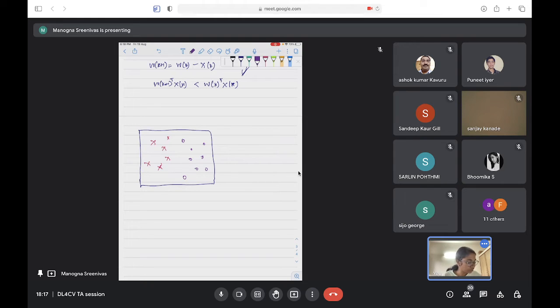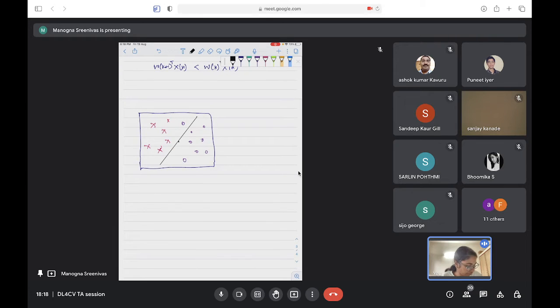So in this case, suppose my current weight is something like this. So this weight vector is represented in this direction. This is my w of k, and this sample is misclassified here, right?